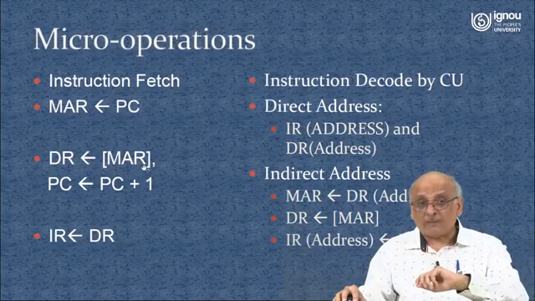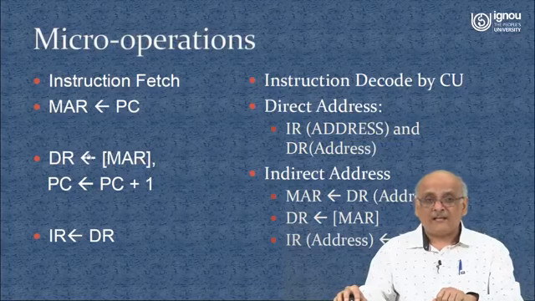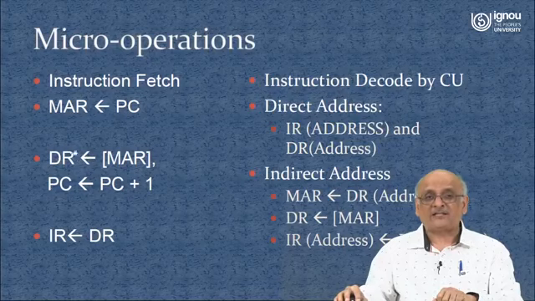However, what micro operation is going to be performed at that point of time? Whatever is pointed to by MAR, the memory address register, that content will be put onto the data bus, and the data bus content will be captured by the DR register. So this is the second micro operation.